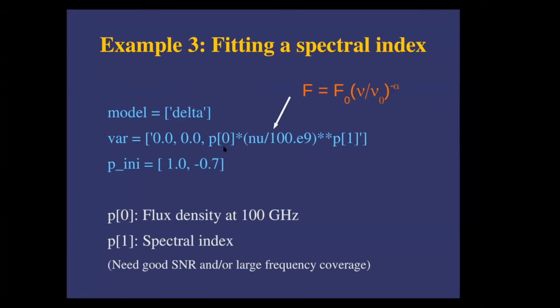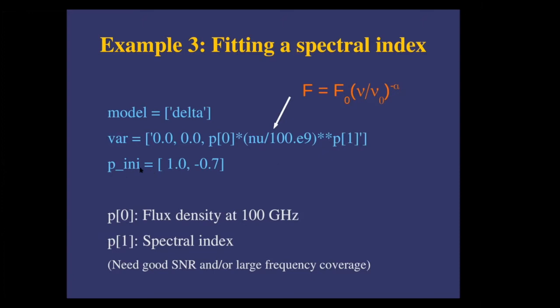So now the parameters of the fit are the flux density taken as the reference of 100 gigahertz, okay? So the frequency is expressed in hertz, okay, within UVMultiFit. So P0 will be the flux density at 100 gigahertz. And here in the exponent, the P1 will be now the spectral index.